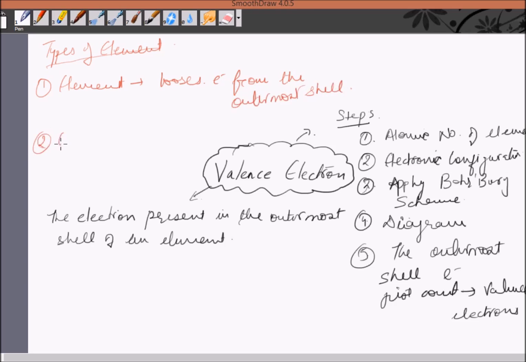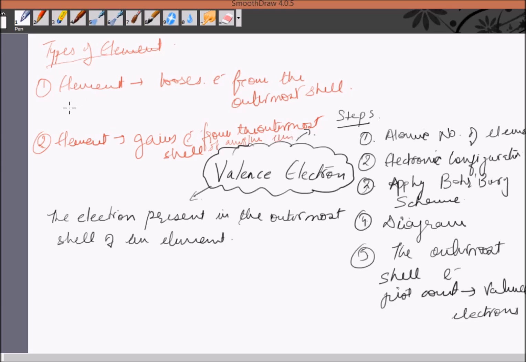And there are some elements which actually gain electrons from the outermost shell of another element.